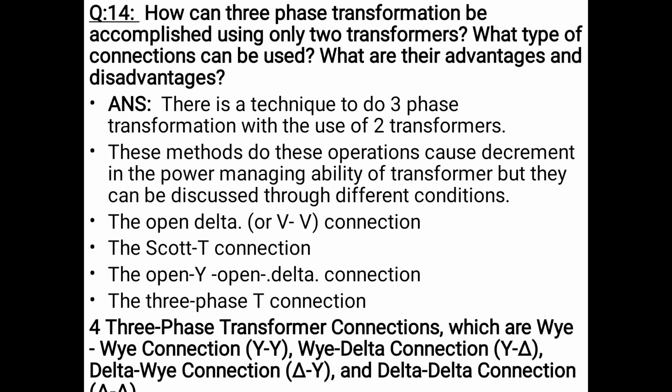Number 14. How can three-phase transformation be accomplished using only two transformers, what types of connection can be used, and what are their advantages and disadvantages? Answer: There is a technique to do three-phase transformation with the use of two transformers.